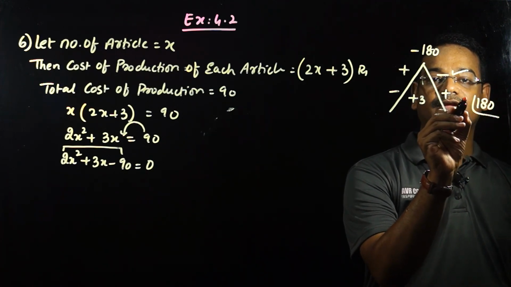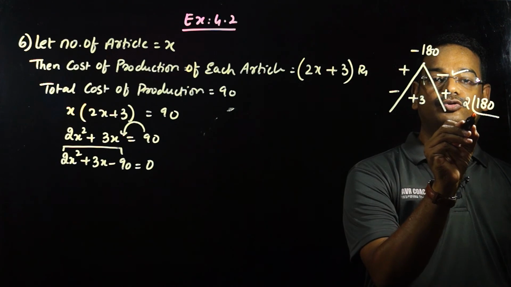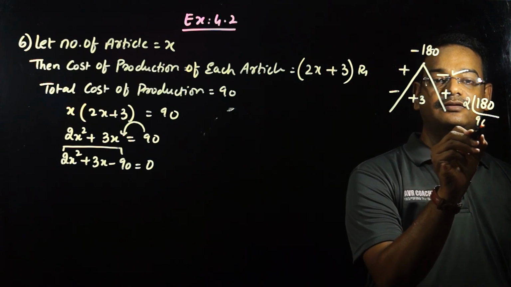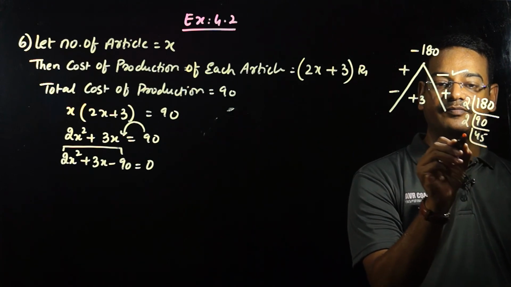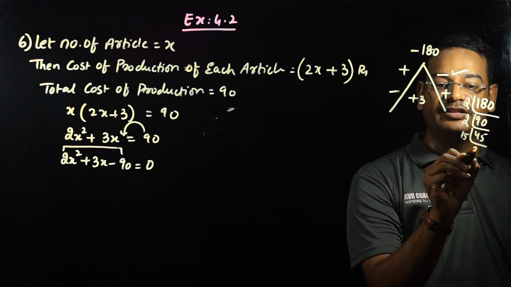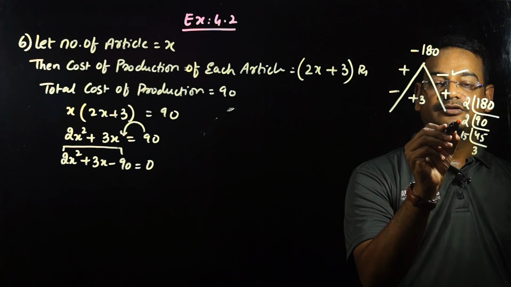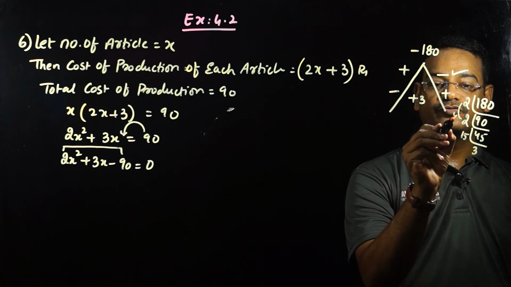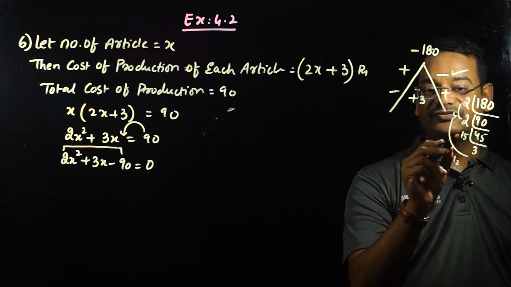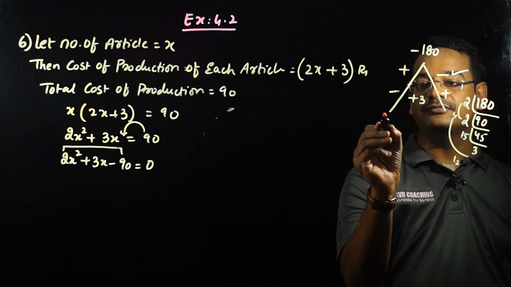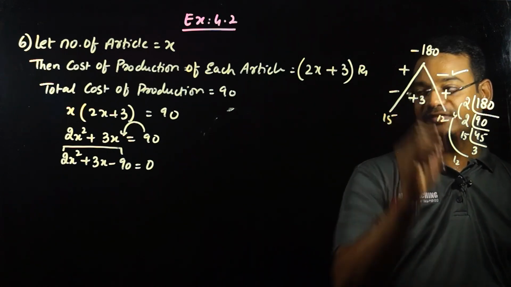So this is 180, 2 9s are 18, 2 45s are 90, 15 12s are 180. So 12 minus 15 is 3, that is 15 minus 12 is 3, and 15 multiplied by 12 is 180.